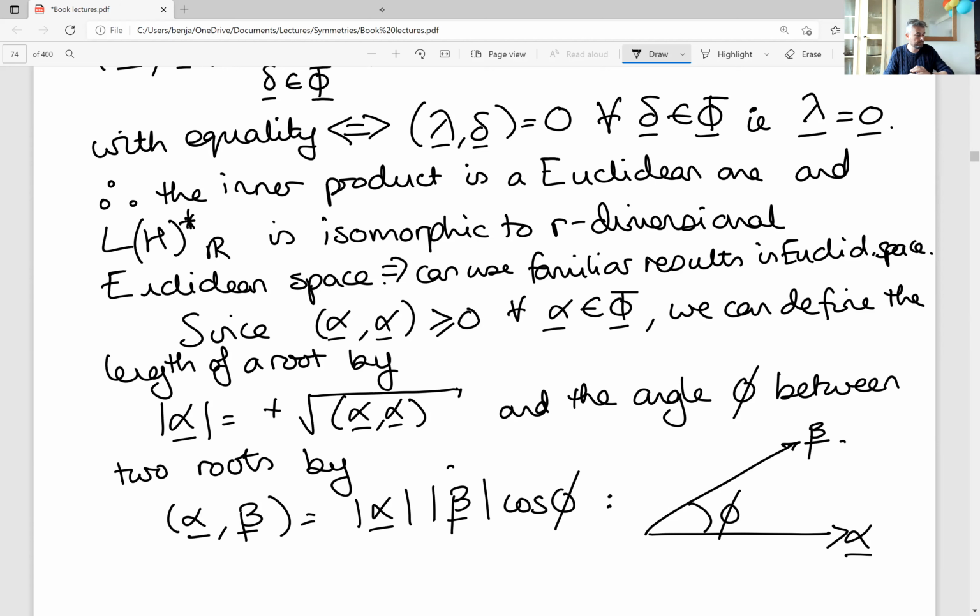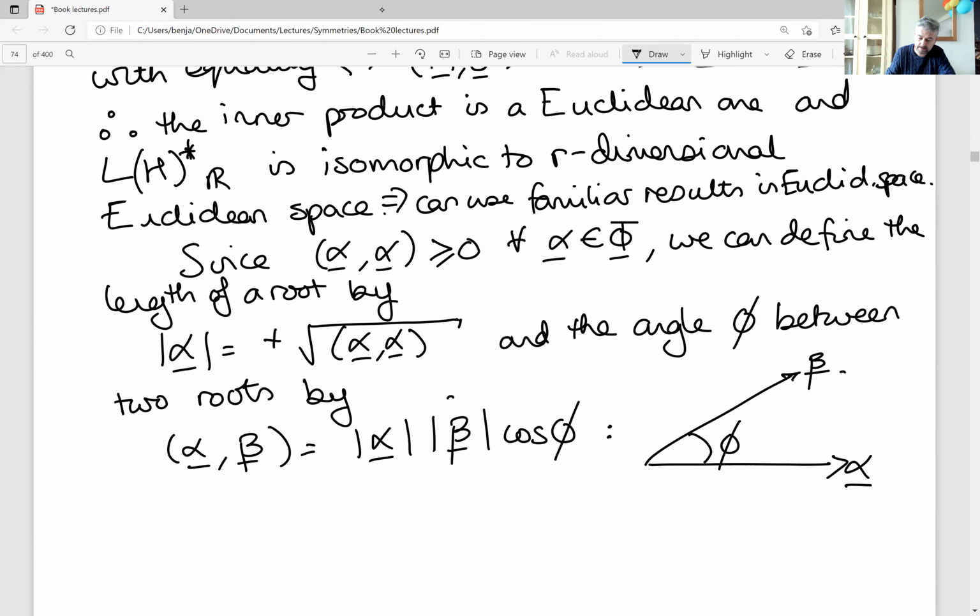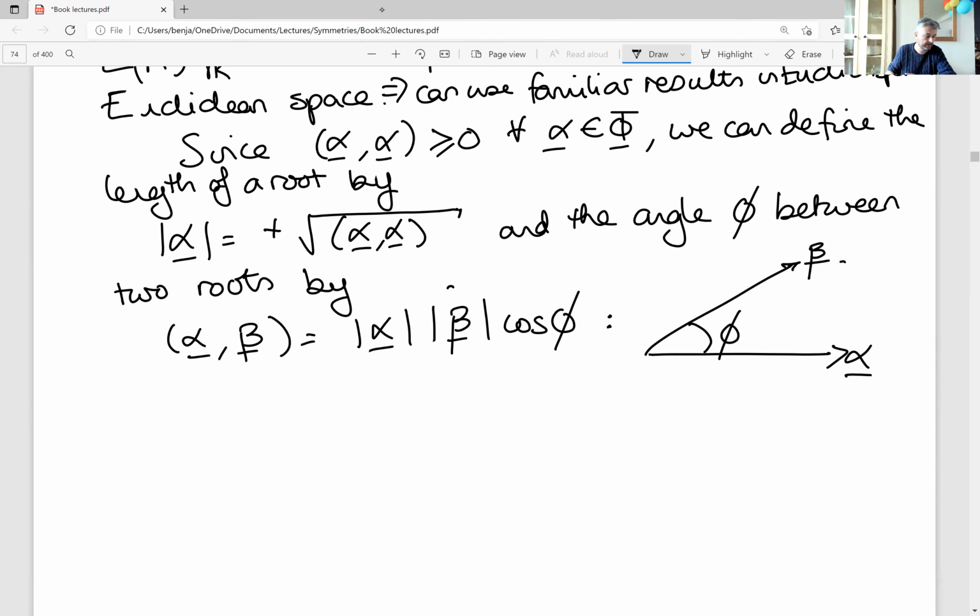So now we have these numbers r alpha beta, which are integers. So if we consider the following, we can define our r alpha beta now in terms of this cos phi. So r alpha comma beta, remember, by definition, is 2 alpha comma beta divided by the length of alpha squared.